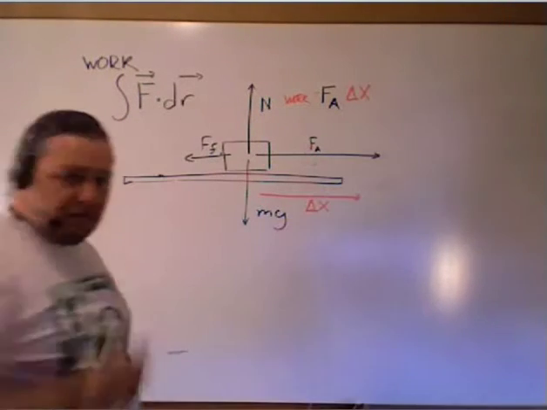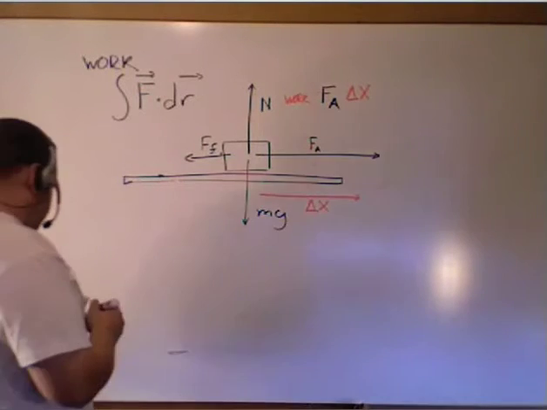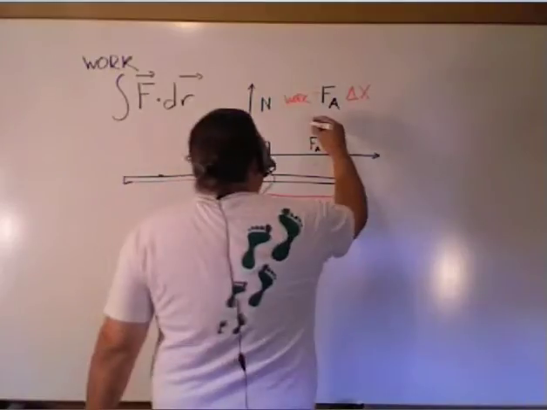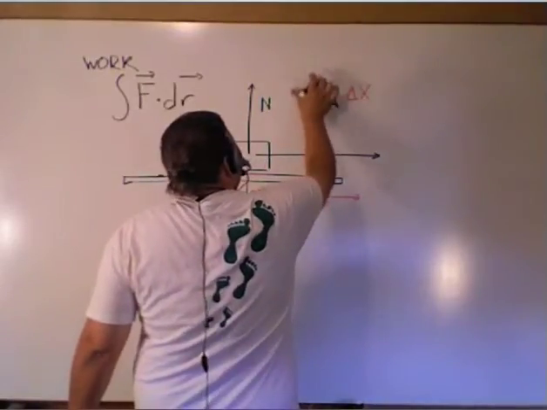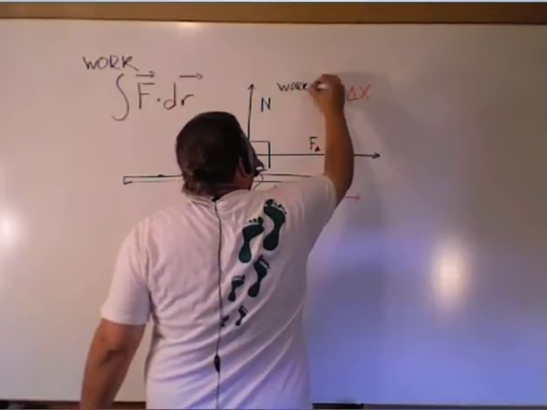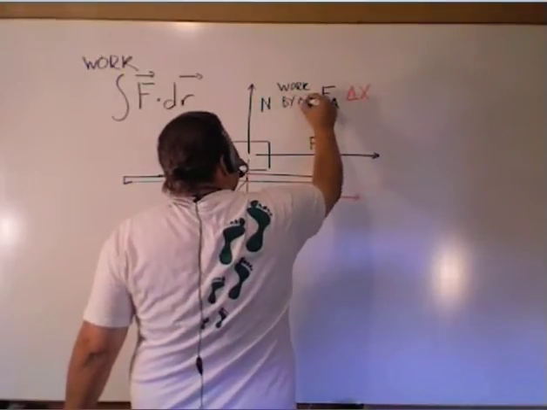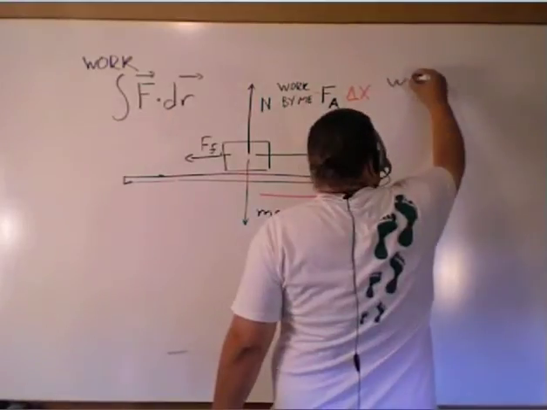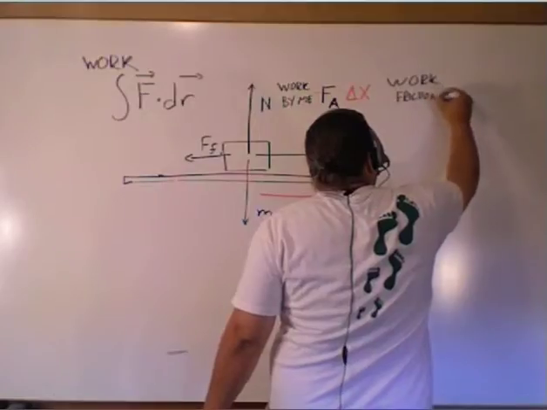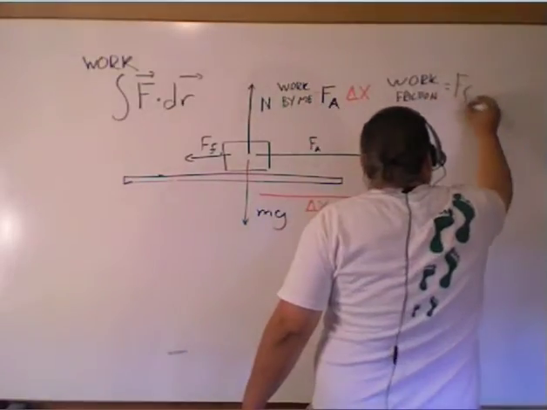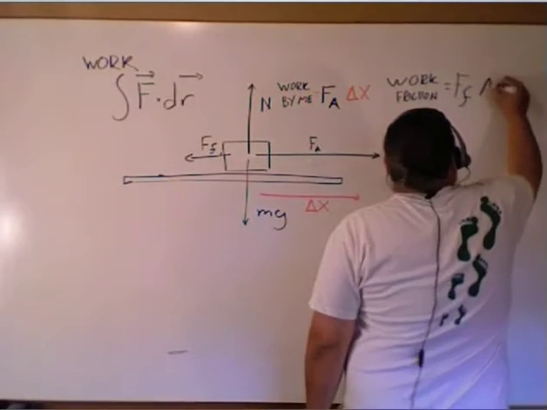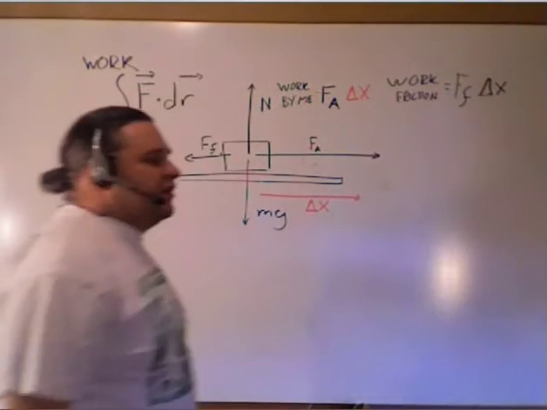Okay? Cool? Now the work done by the force of friction. Well, the force of friction, Ff: the work done by friction equals the force of friction, not the force applied, times that change in position.